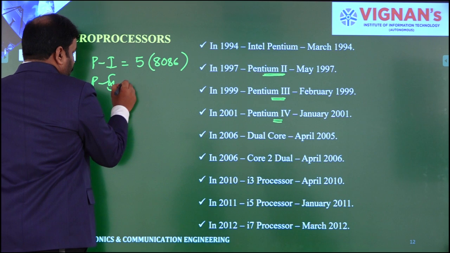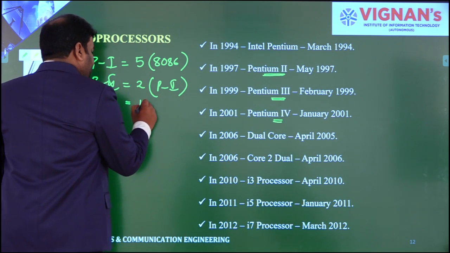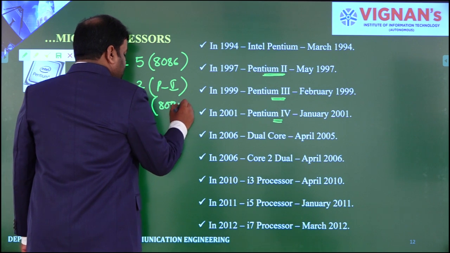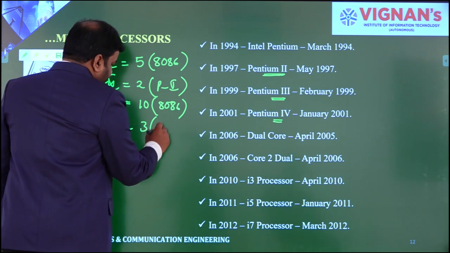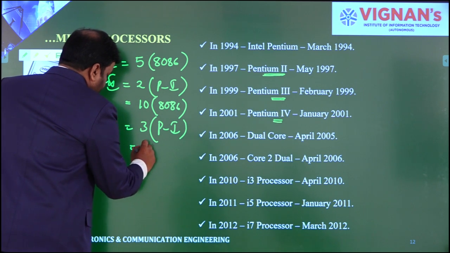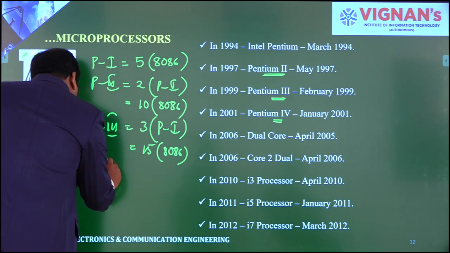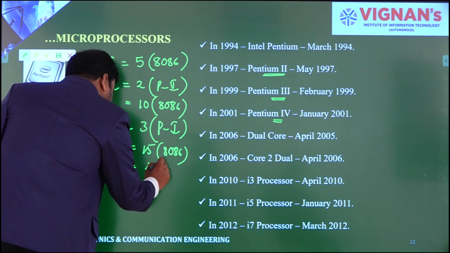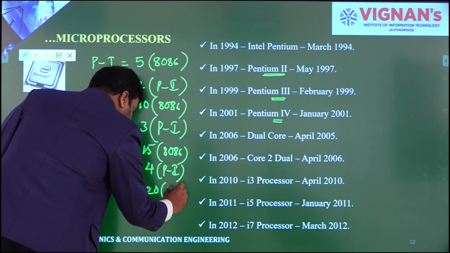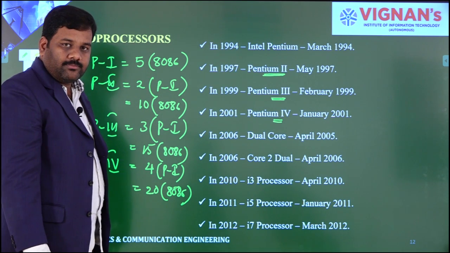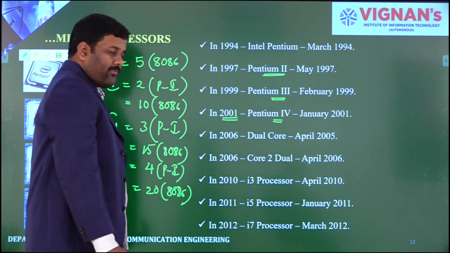P2 has 2 Pentium 1 processors, which is 10 8086 processors. The next one, Pentium 3, has 3 Pentium 1 processors, which is 15 8086 processors. Pentium 4 has 4 P1s, which is 20 8086 processors, and it was introduced in 2001.